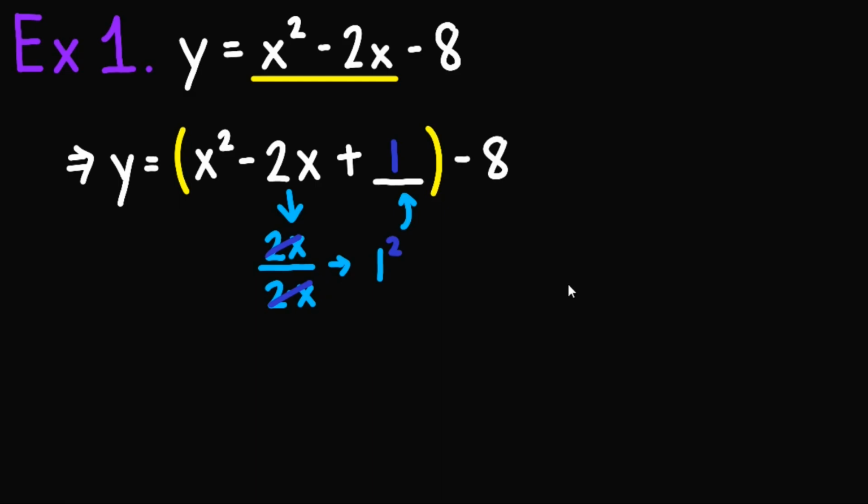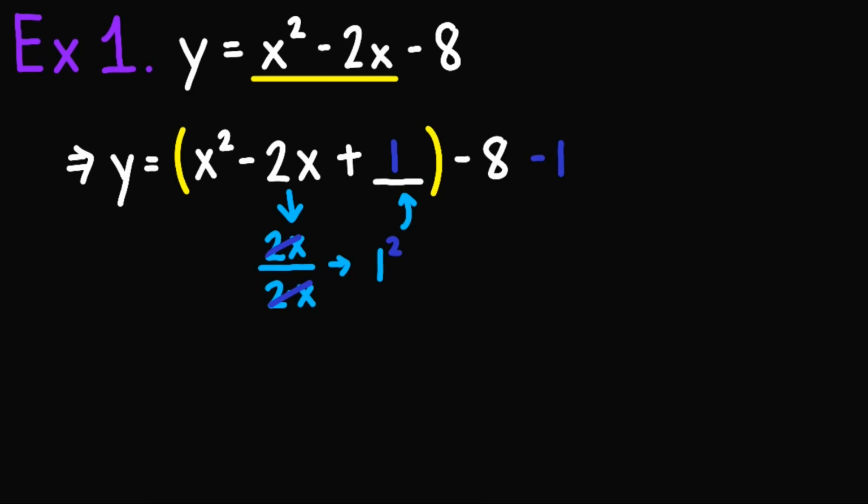Again, since we add 1 here to retain the value of the original expression, we must subtract 1 outside, so that these two, when combined, are just 0, which means we retain the original value of the expression.